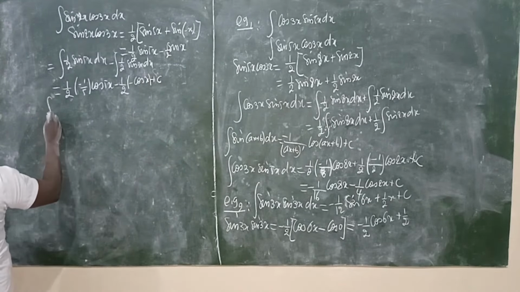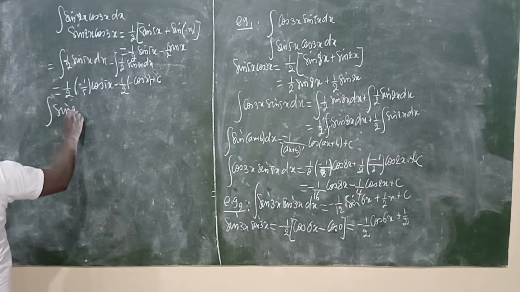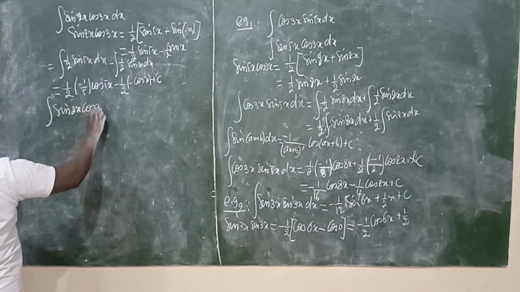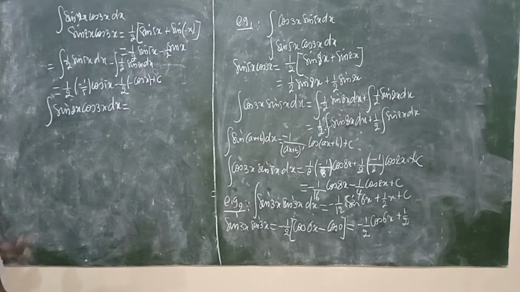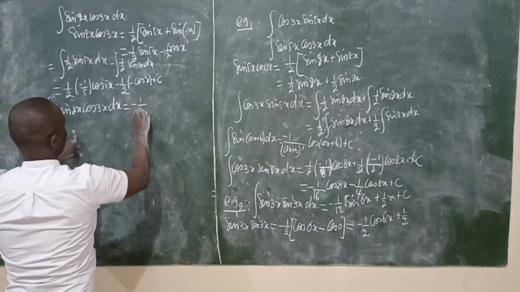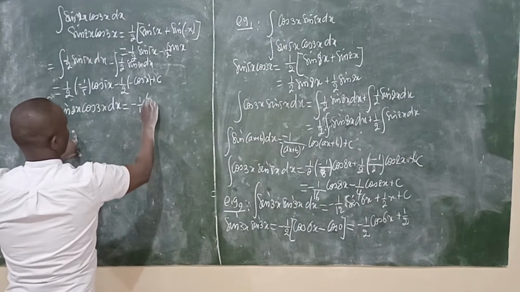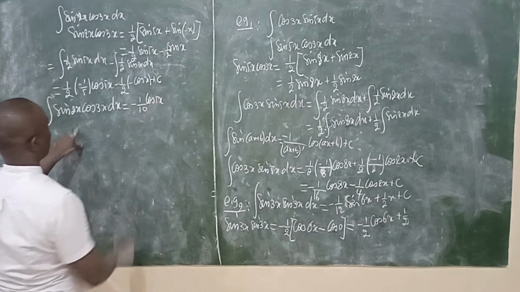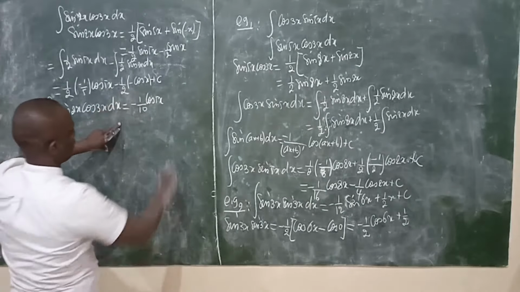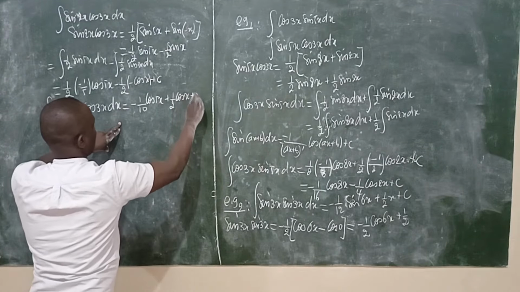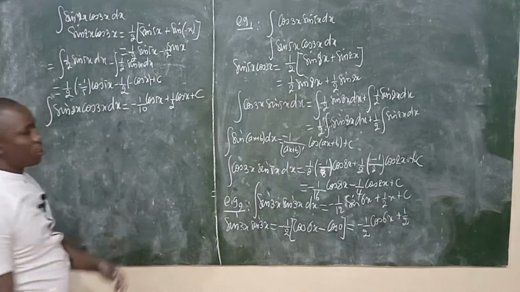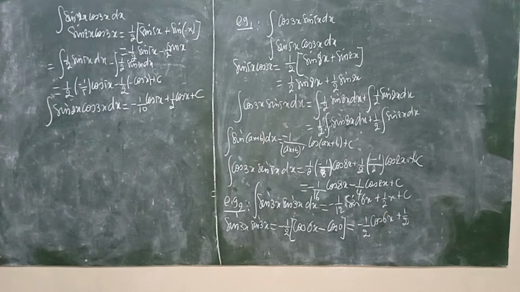That's why the integral of sine 2x cosine 3x dx is going to be minus 1 over 10 cosine 5x. Here minus half times minus, that is plus a half of cosine x plus the constant of integration.